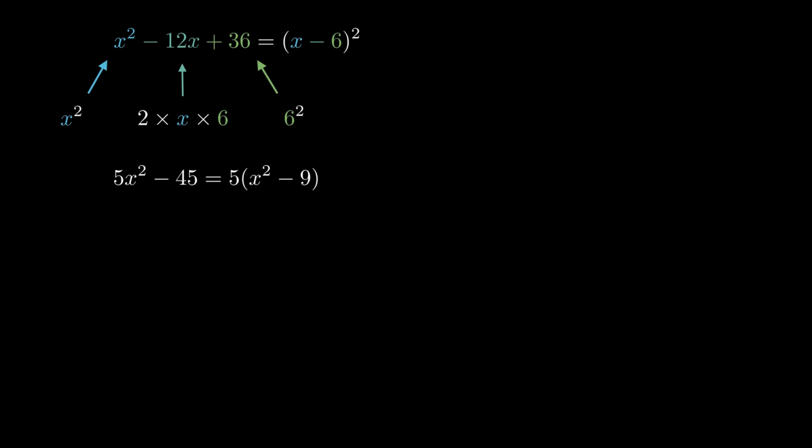So look at what we have inside the brackets. We have the x squared again, and 9, we should recognize, is 3 squared. They are subtracting, so it's a difference of two squares. So we make two brackets. The x and the 3 pop in just like that. One of them's a plus, the other one's a minus. It doesn't matter which way they go, and we're done.